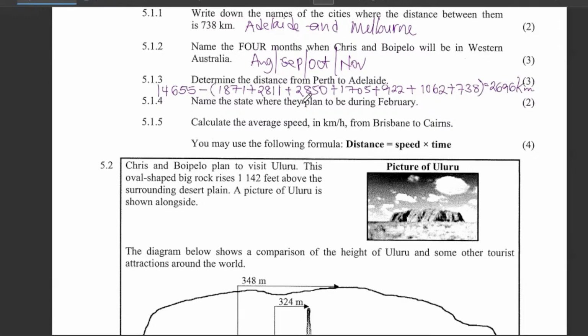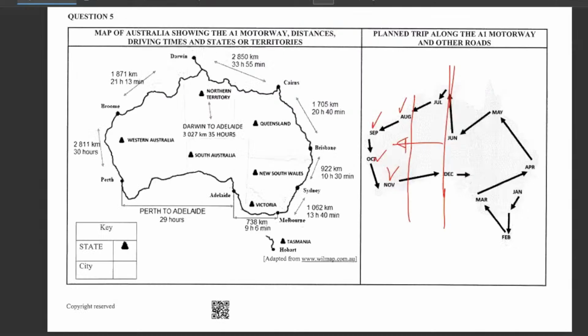Name the state where they plan to be during February. This is February. Which state is situated here? The state is represented by this. They plan to be in February in the state of Victoria, or Tasmania, because there are two states that are here.